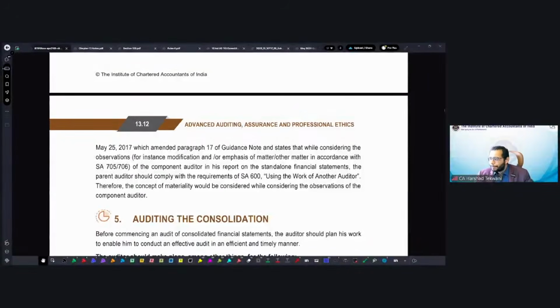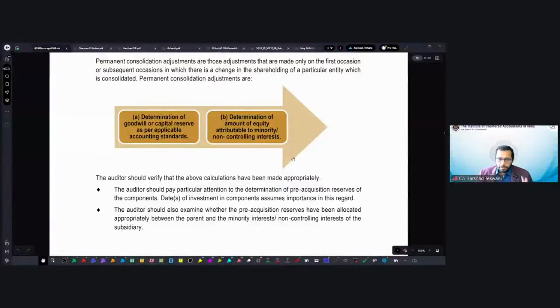So that is the permanent consolidation adjustments. Determination of goodwill and capital reserve is permanent. Determination of minority or non-controlling interest is permanent.